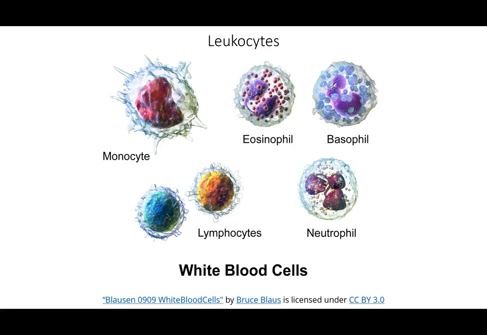Lymphomas specifically are masses of malignant lymphocytes, whereas leukemias are usually these other types of cells that are mutated and producing in excessively high numbers.